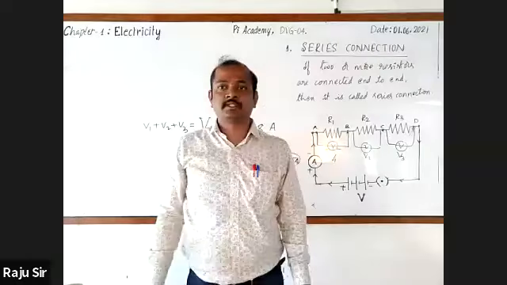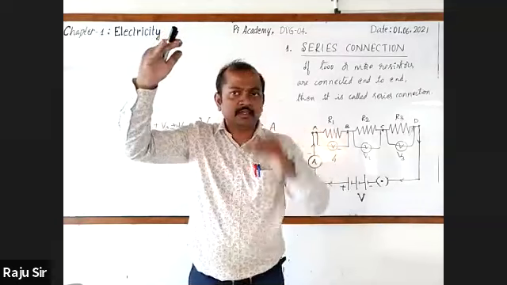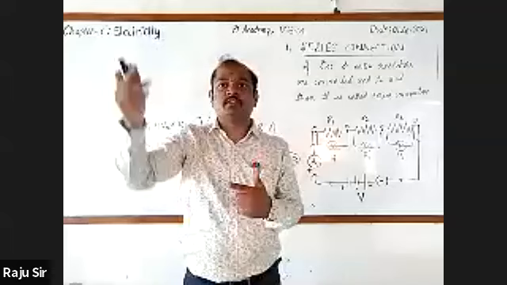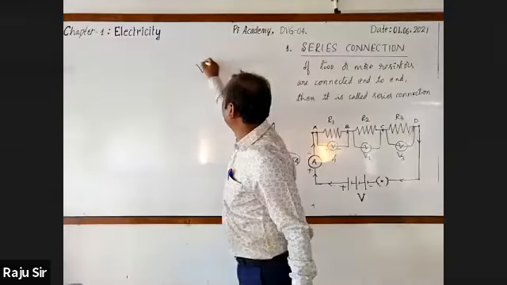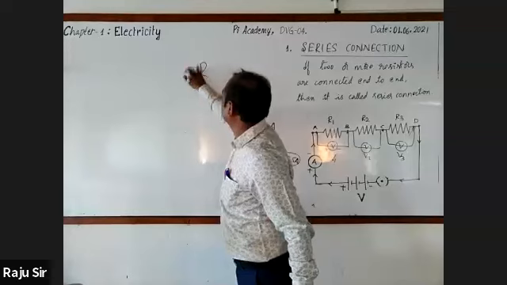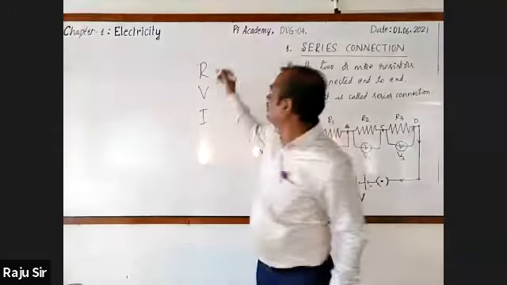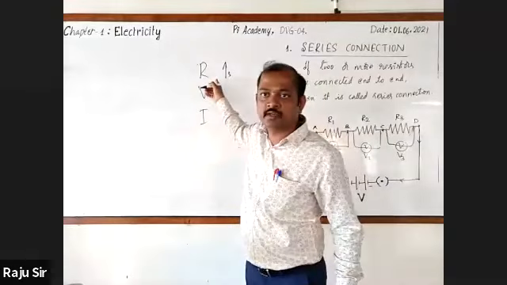Next, third point, one more. That is total electric resistance. When the resistors are connected in series, does the total electric resistance increase or decrease? Increases. Observe R, V and I. When the resistors are connected in series, total electric resistance increases.